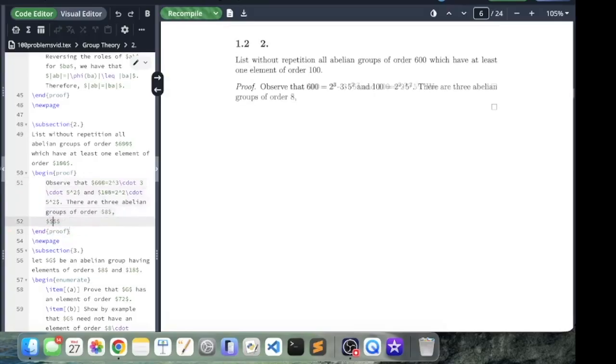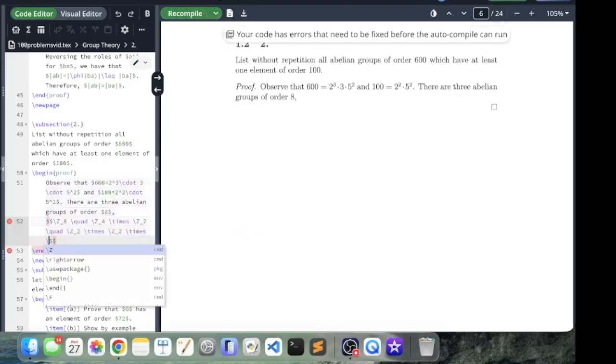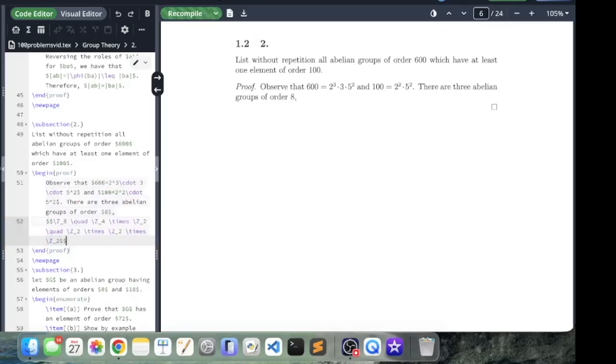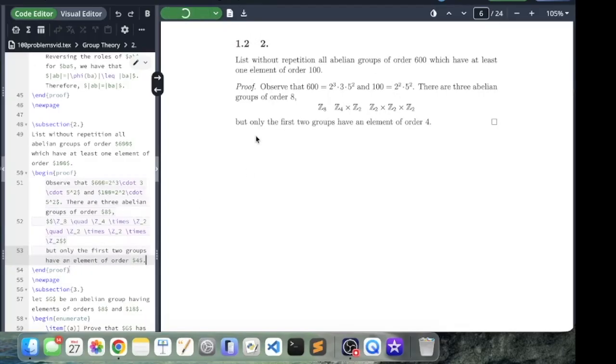Maybe we can do it like this: there's Z8, there's Z4 cross Z2, and there's Z2 cross Z2 cross Z2. But only the first 2 groups have an element of order 4, which is what we need for 100. So we only consider the first 2.